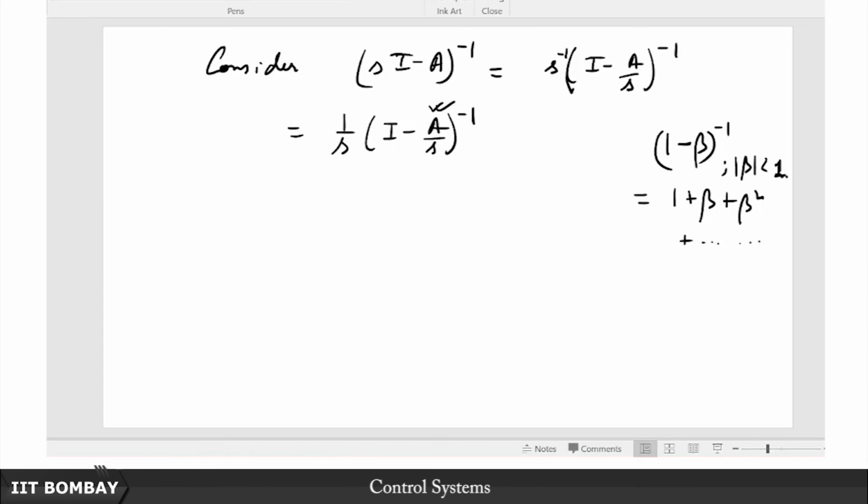So this is basically an infinite series. What I am going to now claim is that we are allowed to do something similar with this series as well, only that instead of beta being a scalar here, now we have a matrix.